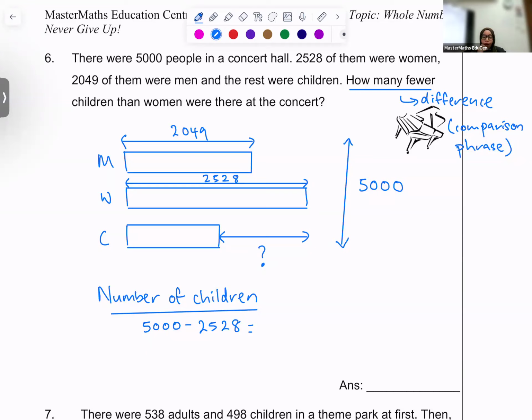Wait, Anna, let your friends work it out first. Done. Okay, thank you, Samaya. Hold on, let's let your friends finish working it out first.